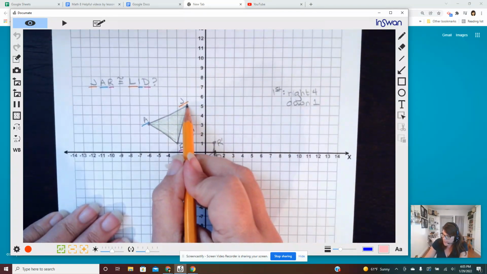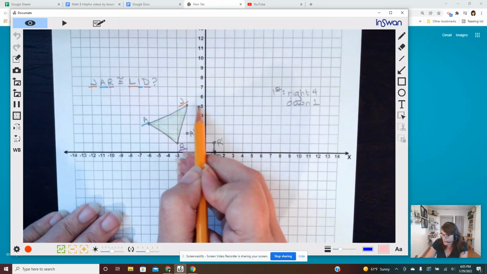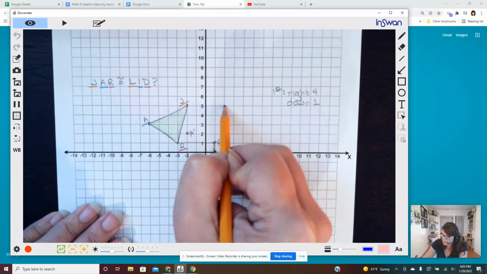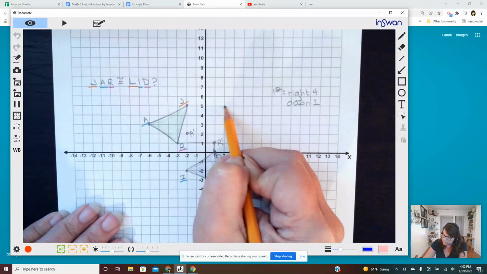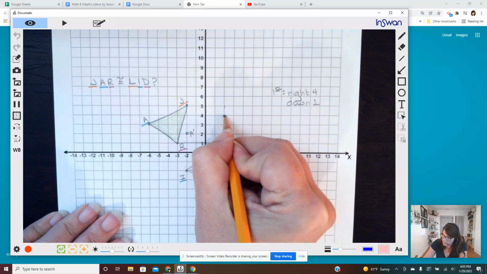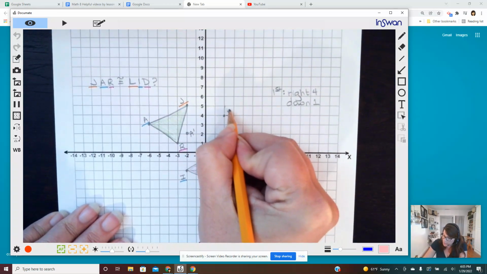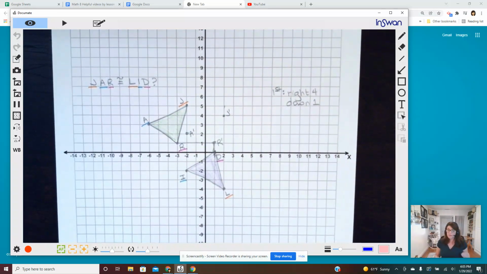And what if I took J and went right 4, 1, 2, 3, 4, and down 1, and that became J prime? So now you're seeing where this labeling is probably helpful.